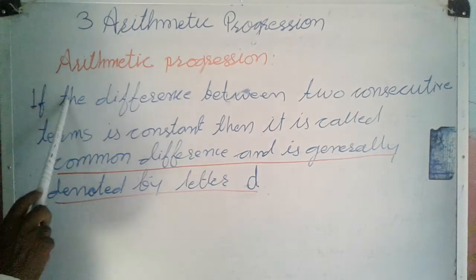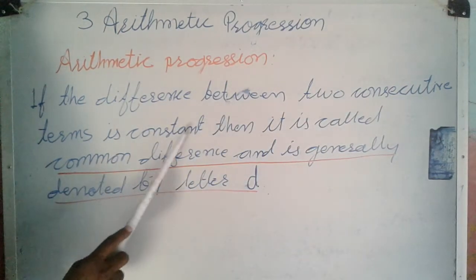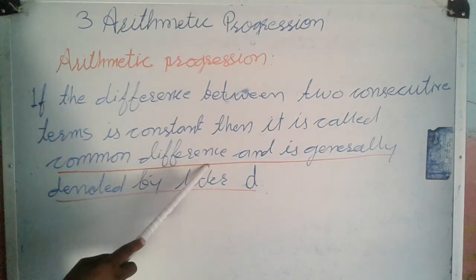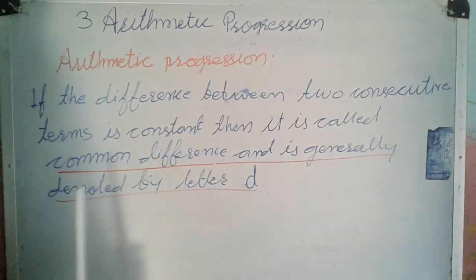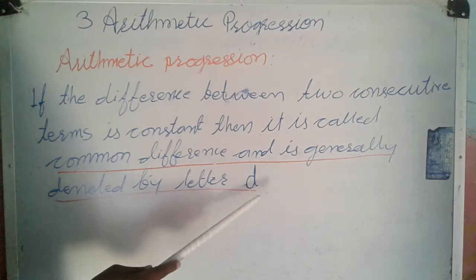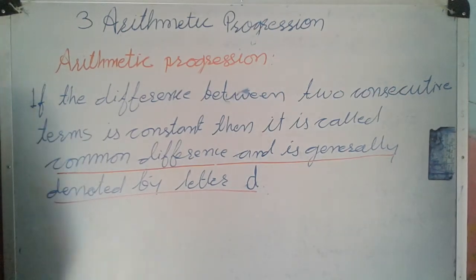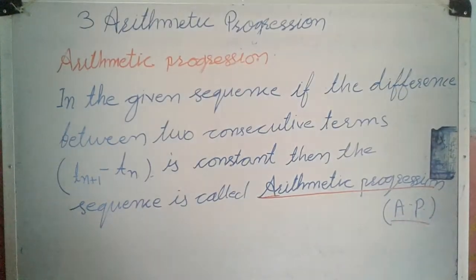So here, if the difference between two consecutive terms is constant, then it is called the common difference. The constant difference is called the common difference and is generally denoted by the letter d. Okay, now we will see the definition of arithmetic progression.